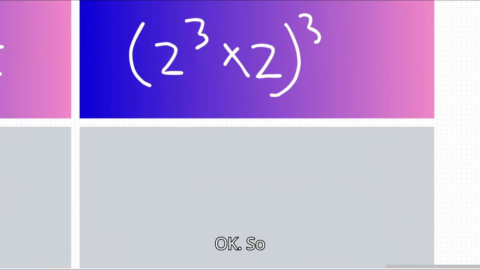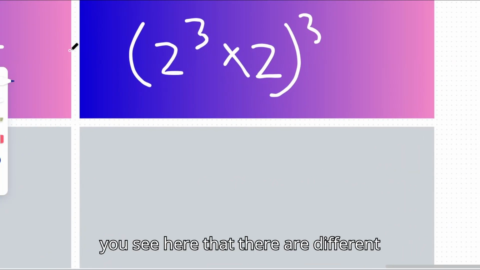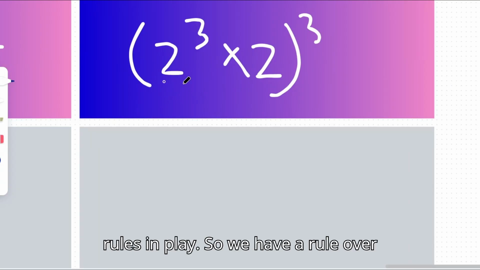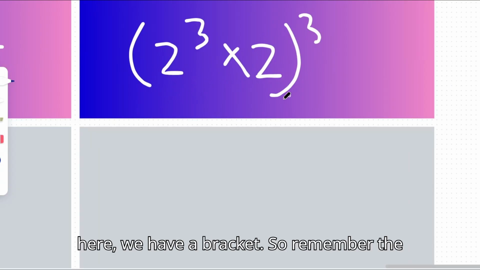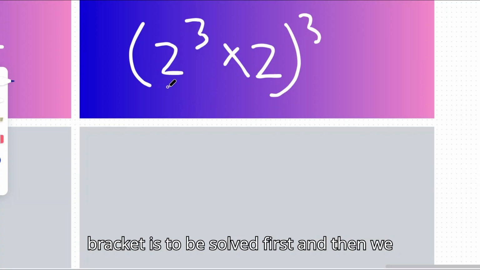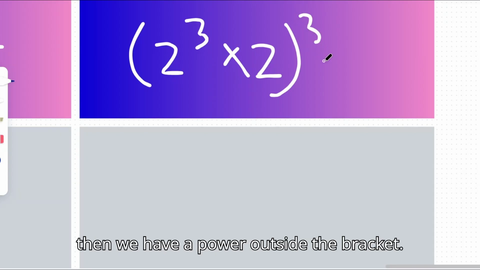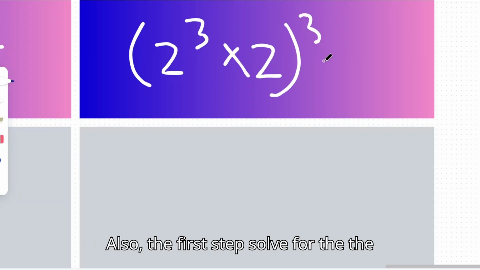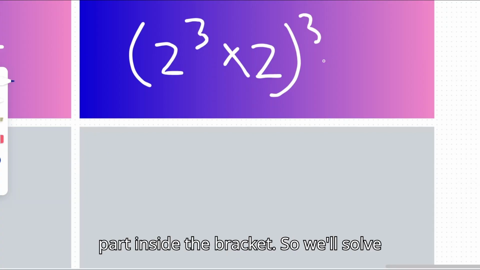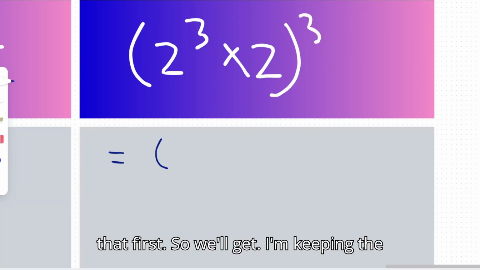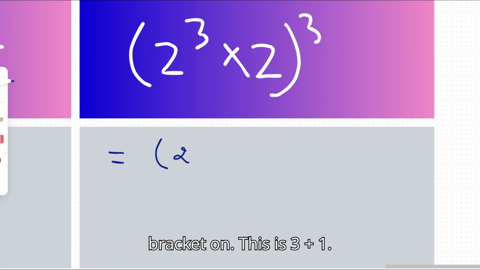Okay. So you see here that there are different rules in play. So we have a rule over here. We have a bracket. So remember, the bracket is to be solved first. And then we have this part here in the bracket. And then we have a power outside the bracket also. The first step, solve for the part inside the bracket. So we'll solve that first. So we'll get, I'm keeping the bracket on. This is 3 plus 1. No power means 1.